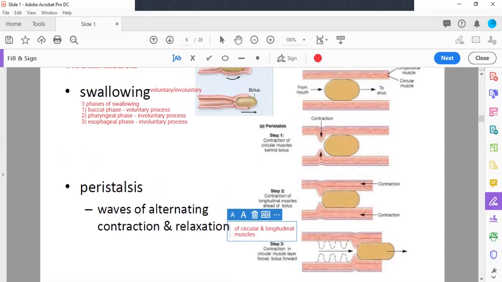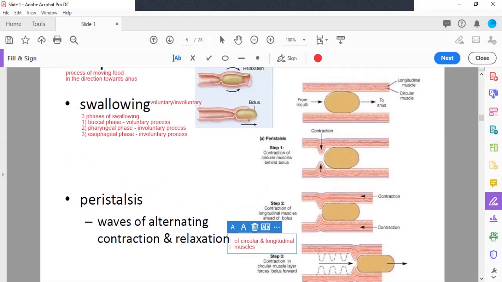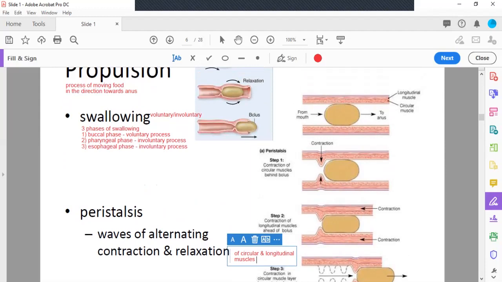So let's begin with the image on the right side. Peristalsis is an example of propulsion. You're moving the food from the mouth towards the anus, simply put.